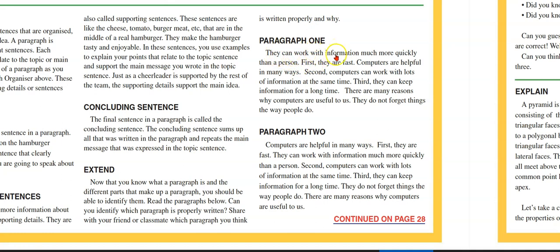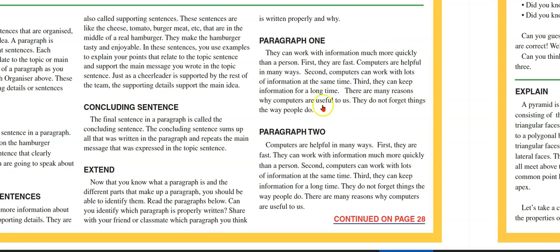Let's go with paragraph 1. They can work with information much more quickly than a person. They are really fast. Computers are helpful in many ways. Second, computers can work with lots of information at the same time. Third, they can keep information for a long time.